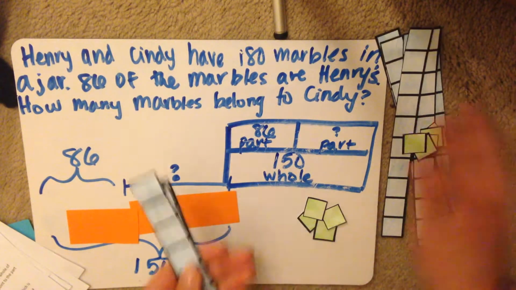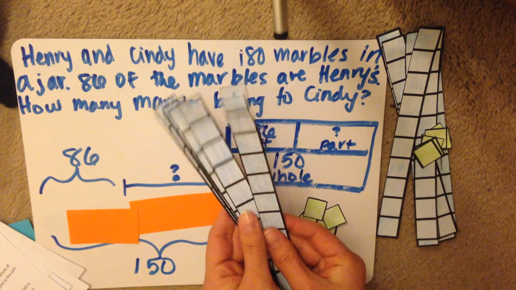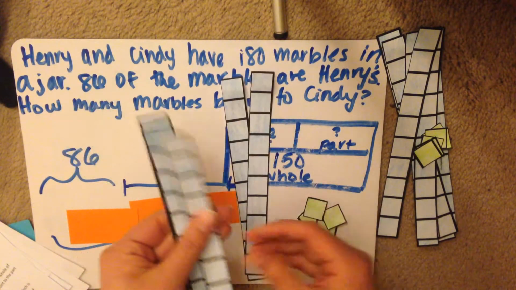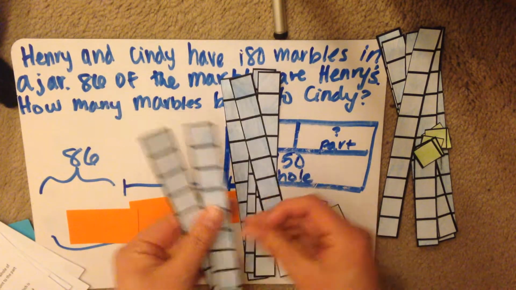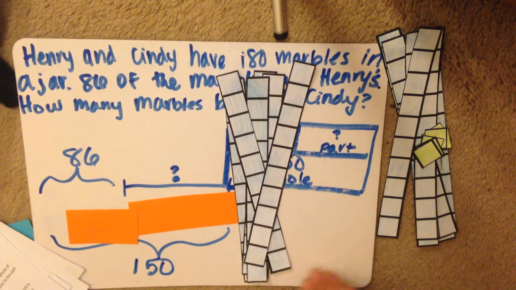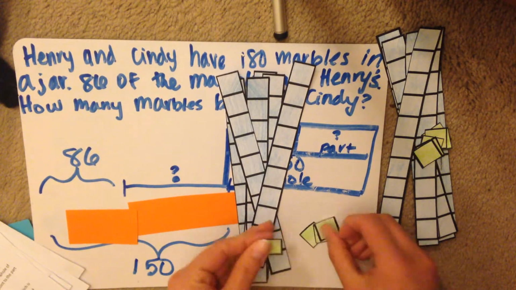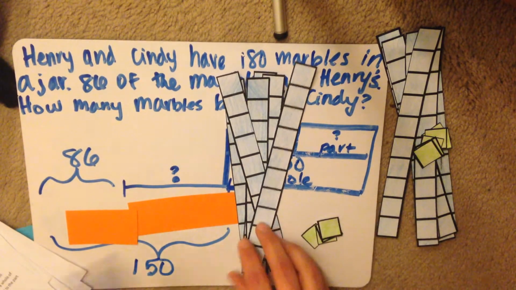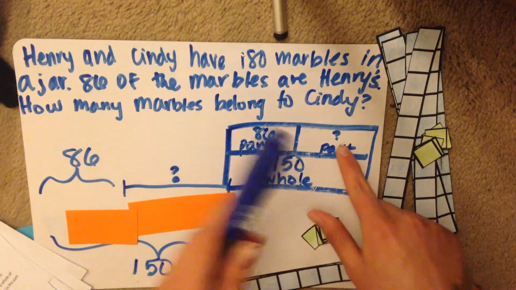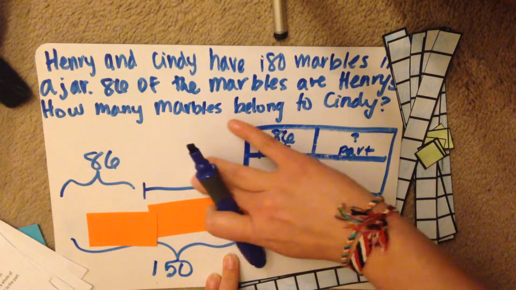Henry has 86. Now what's left is Cindy's. So let's see, we have 10, 20, 30, 40, 50, 60, 61, 62, 63, 64. So we know that Cindy's part is no longer a question mark.